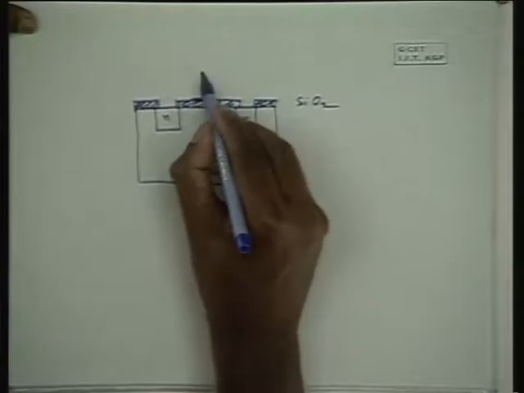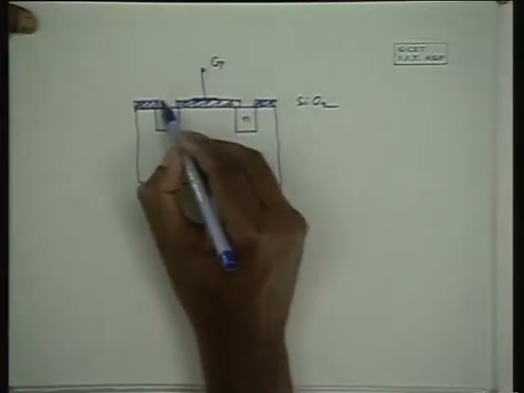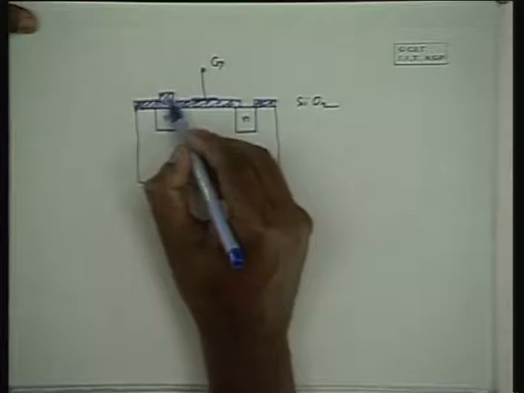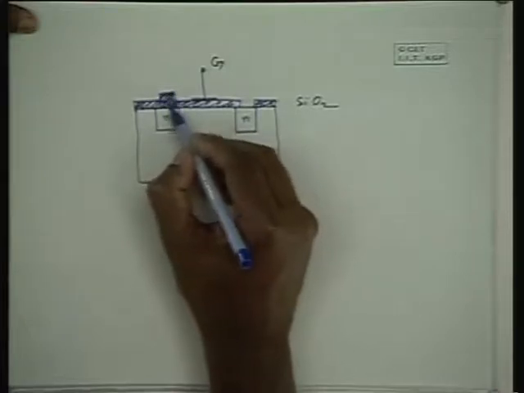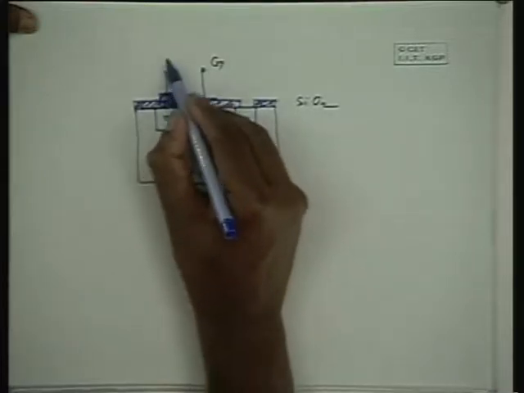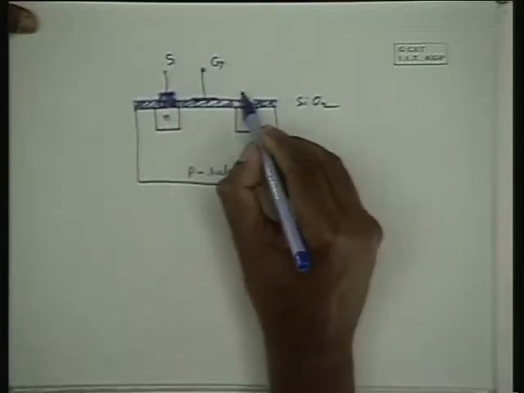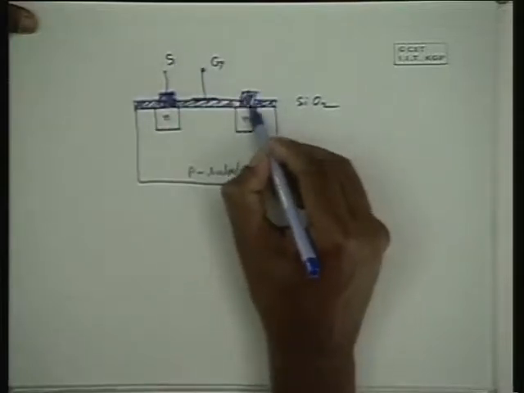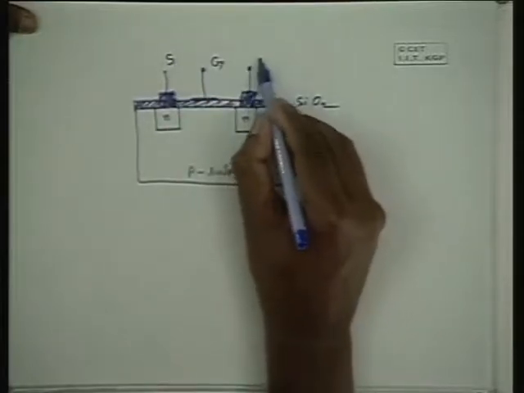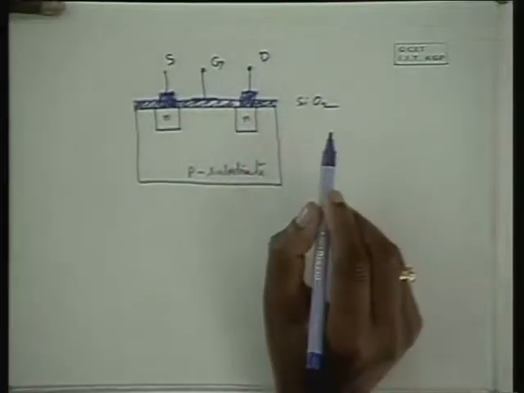And this is the gate. So this is the metallization over here, and this is source, and with the metallization over here, this acts like the drain.